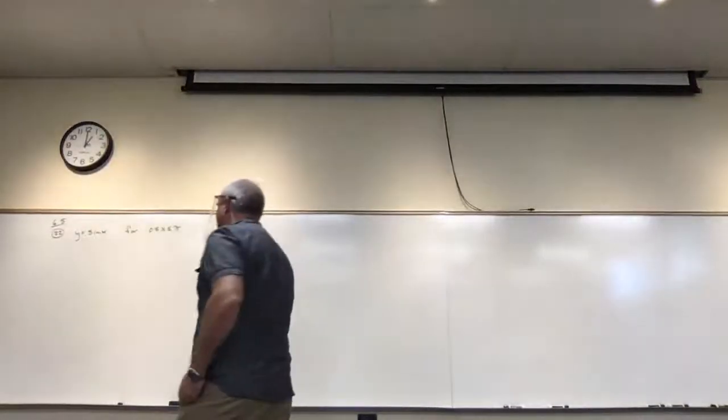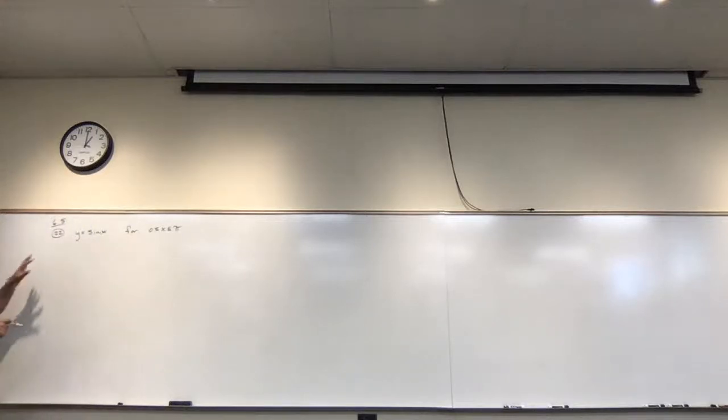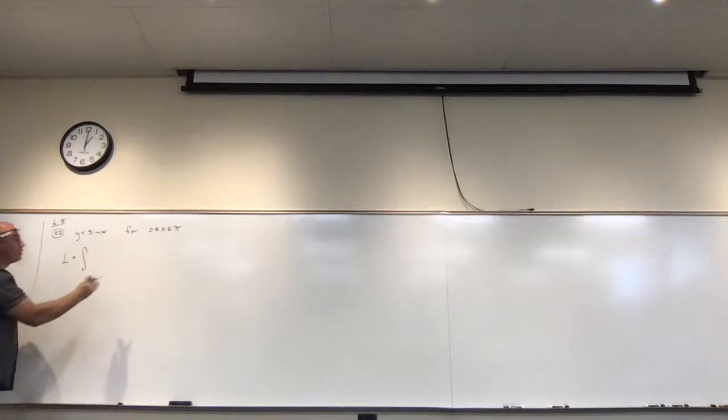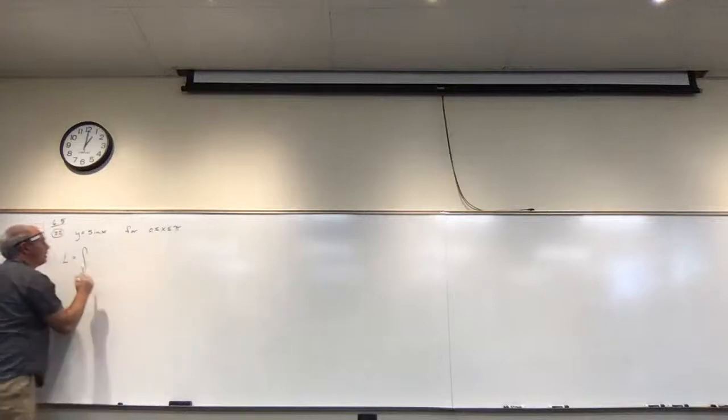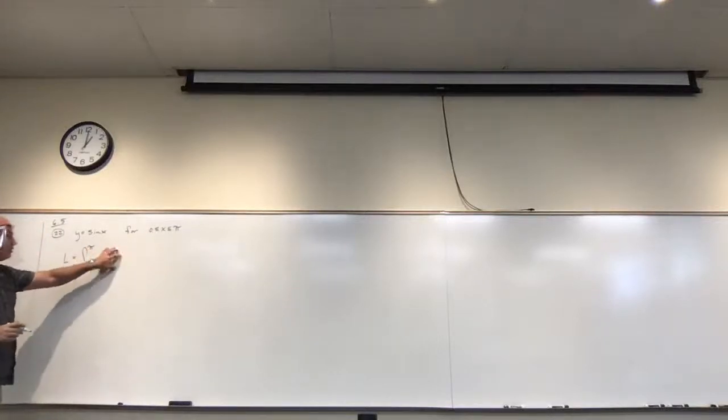Okay, sounds good. So first of all, we have our arc length formula, right? Which is a little bit different than what we've been working with, but it's pretty straightforward. So our length is going to be equal to the integral, going from an x value to an x value, 0 to pi. And then what goes in here?